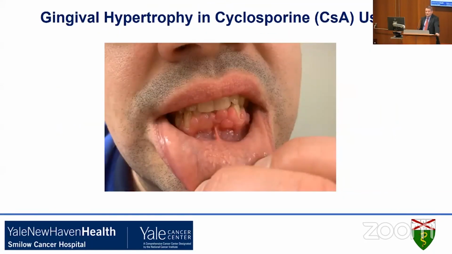Cyclosporin is also not easy to give. There are many different side effects, including electrolyte abnormalities, hypomagnesemia, cramps, and gingival hypertrophy, as you can see on the slide. There are certain tricks you can use to overcome these complications. Again, familiarity and skill with management of cyclosporin is necessary.